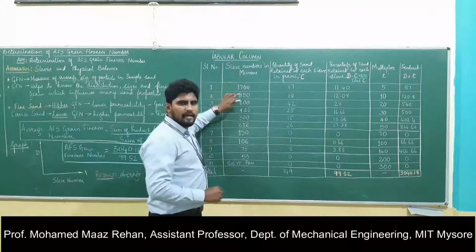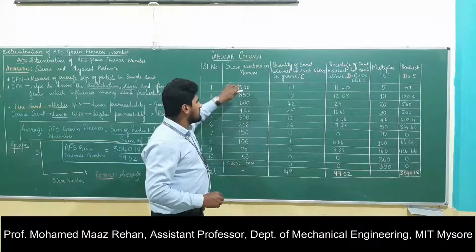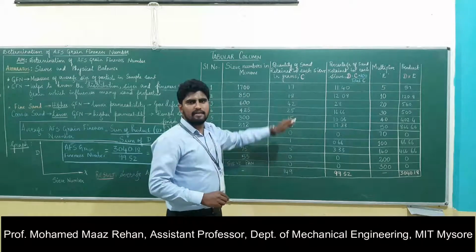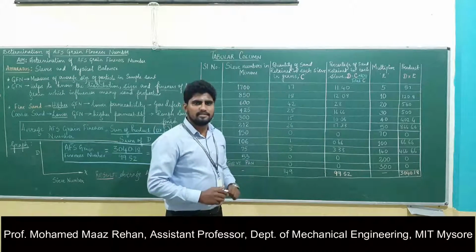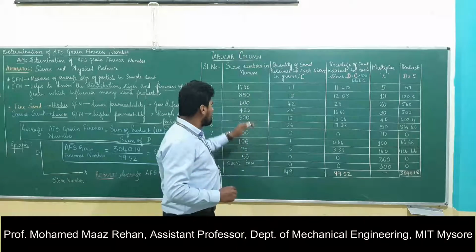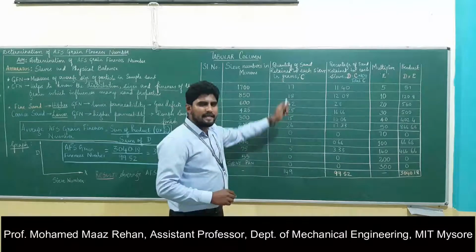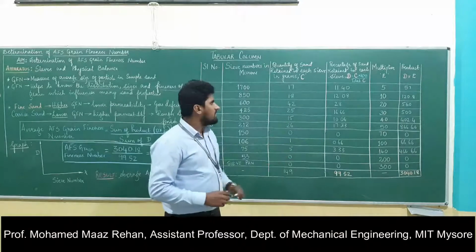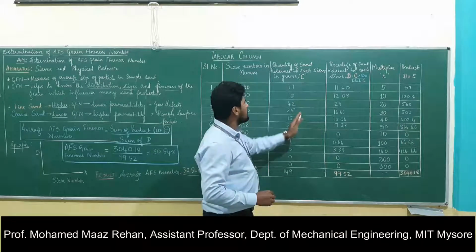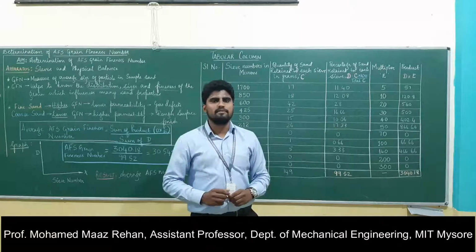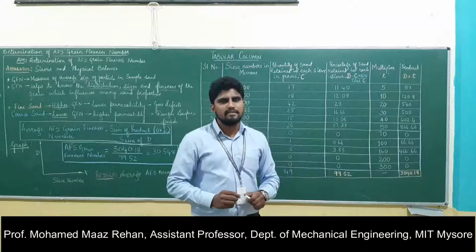Whereas in the case of the 850 micron sieve, the sand retained was 18 grams. In a similar way, we have noted all the values of the sand retained in each sieve. After measuring this, we have calculated the percentage of sand retained in each sieve.